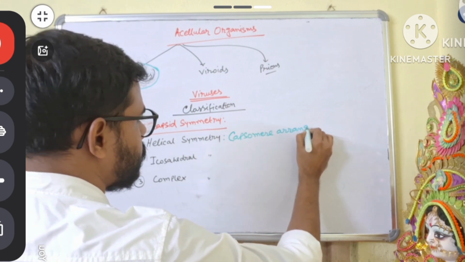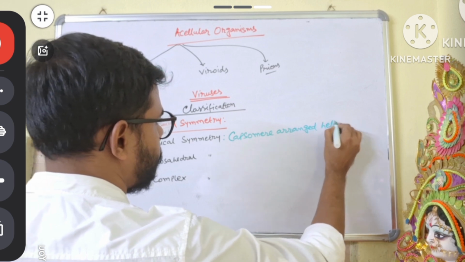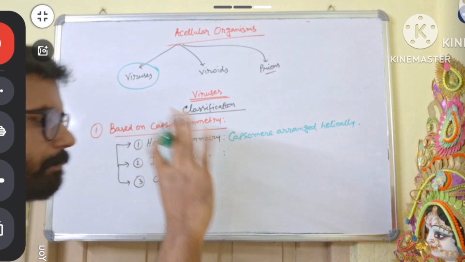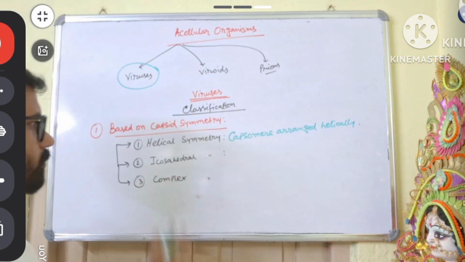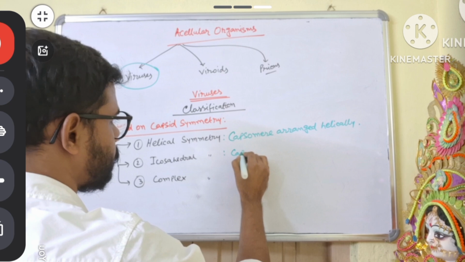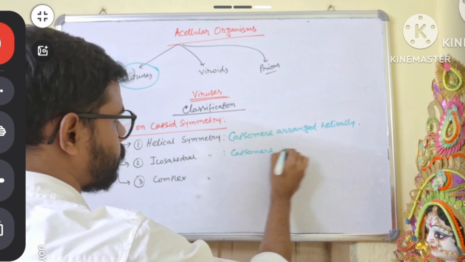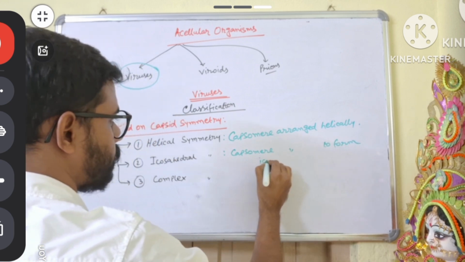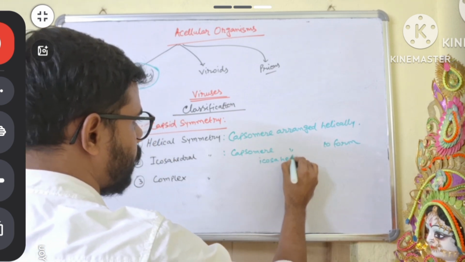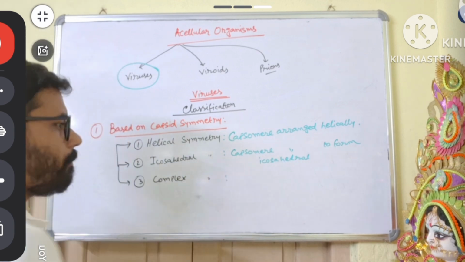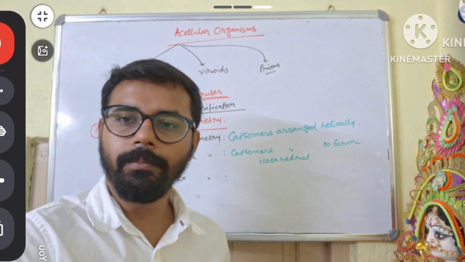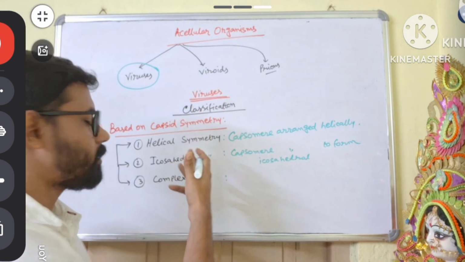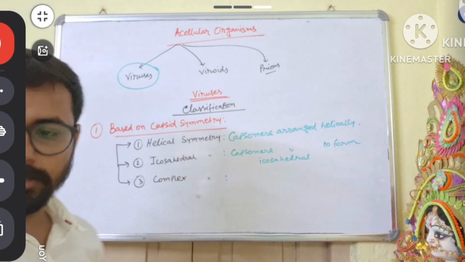Icosahedral gives a definite geometrical icosahedral shape. Complex means the capsid structure contains both types of symmetry, helical as well as icosahedral.